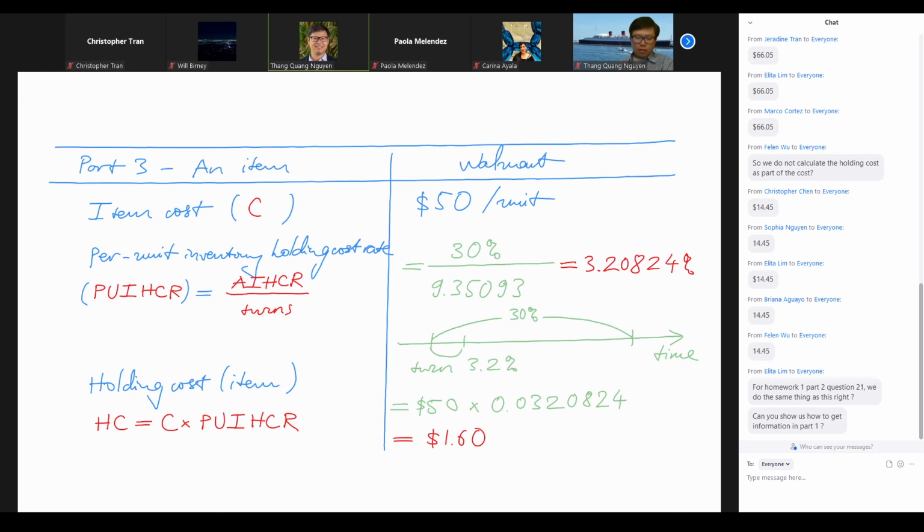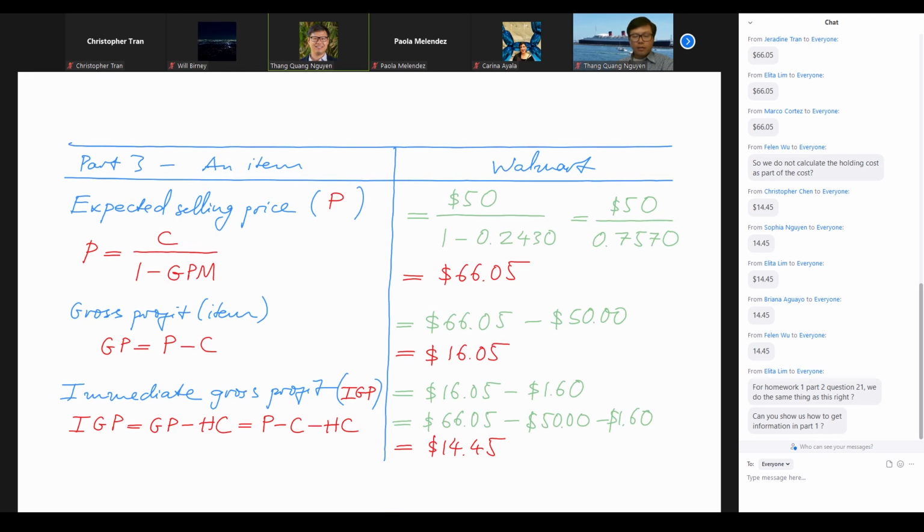And then the holding cost will be the item cost multiplied by the per unit inventory holding cost rate. Okay. And then finally, we find the expected selling price, C divided by 1 minus GPM. And then the gross profit of that particular item is the price minus the cost. And the IGP is the gross profit minus the holding cost.